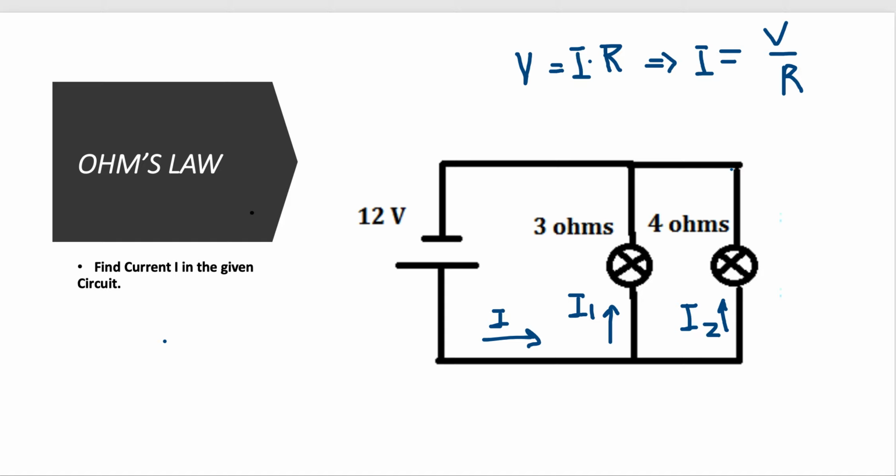But as we see in this case, the resistances are in parallel, and 1 over R is going to be equal to 1 over R1 plus 1 over R2.